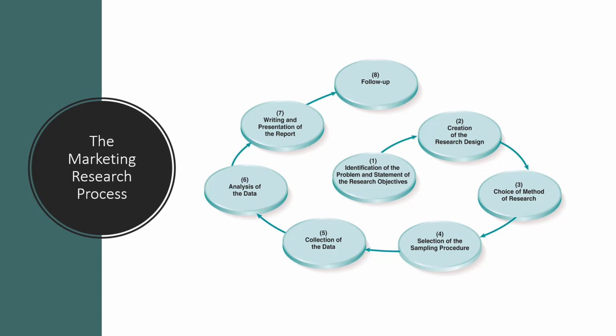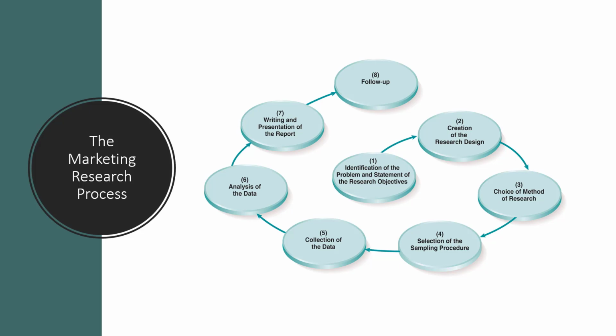Number 3 is we're going to choose a research method. There are all kinds of research methods available for you to choose from, so we need to figure out which one we want. And then we move on to choose a sampling method or sampling procedure, since there are different sampling procedures available for us to choose. And then number 5, we're going to begin the data gathering or data collection process.